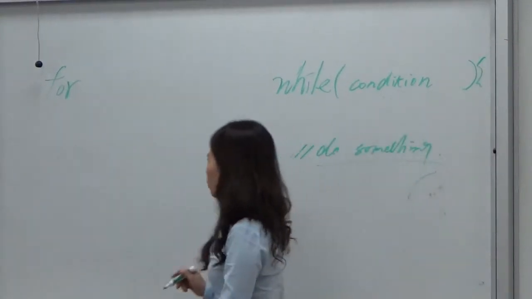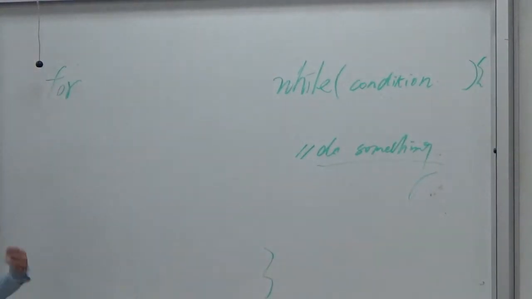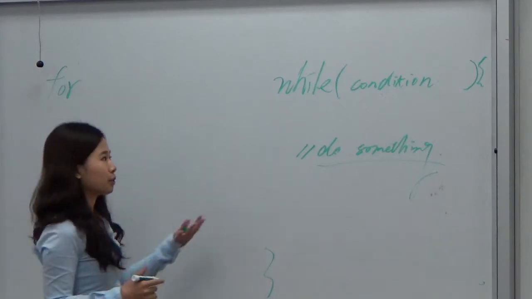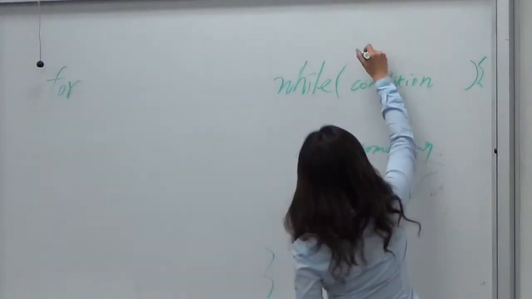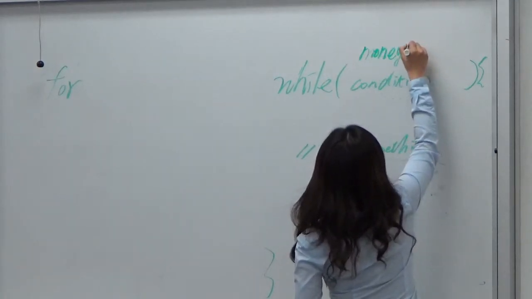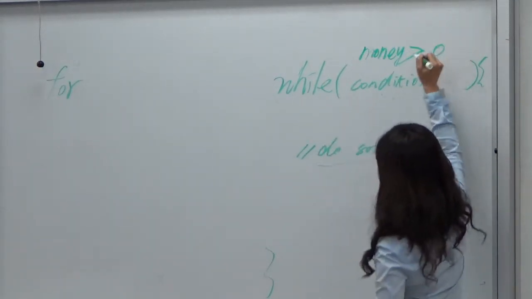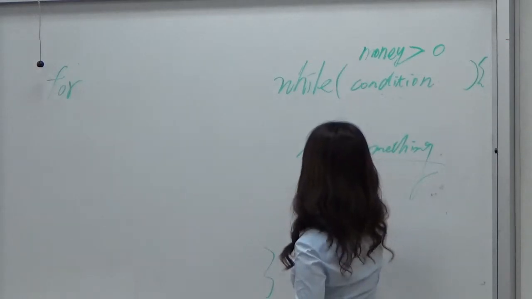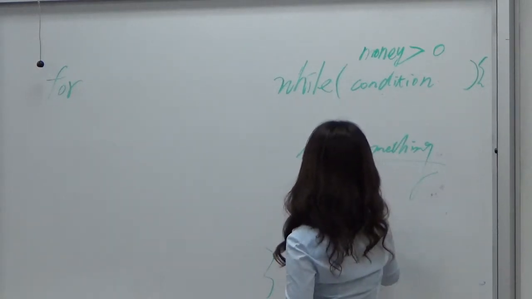So for example, if there's still money left in your pocket, you can keep shopping, right? So when coding, we probably write if money bigger than 0, we can keep shopping.